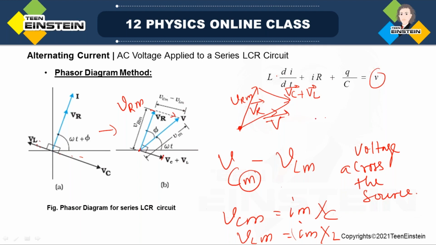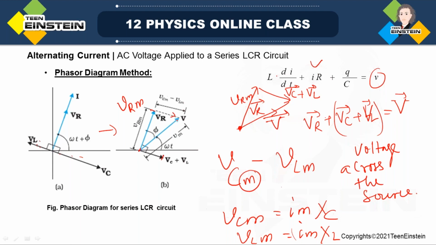So from here you can write VR plus VC plus VL is equal to the vector V. We had also written this previously directly from the equation, but now you can understand it from this vector diagram.